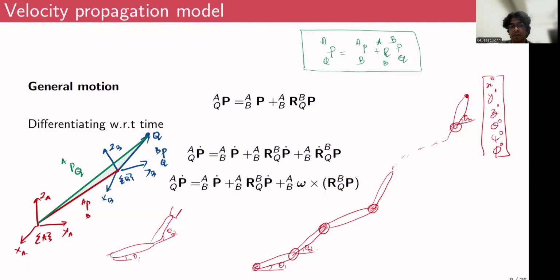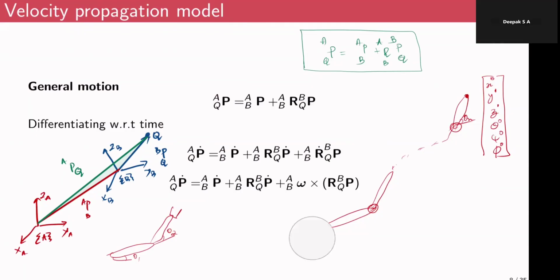Then you will consider the effect of the first and second joint on the end effector, first, second, third joint on the end effector. So it's like you propagate the velocities from base all the way to the end effector. That's what we are doing in velocity propagation, right? Propagating the effects of all the joint variables or all the motors, determining the cumulative effect of all these joints at the end effector.